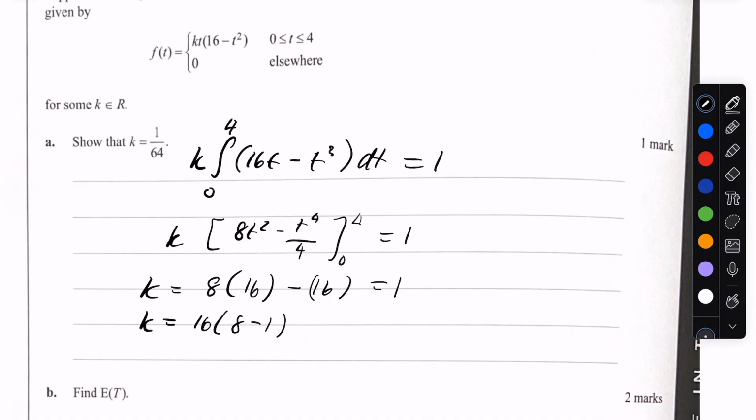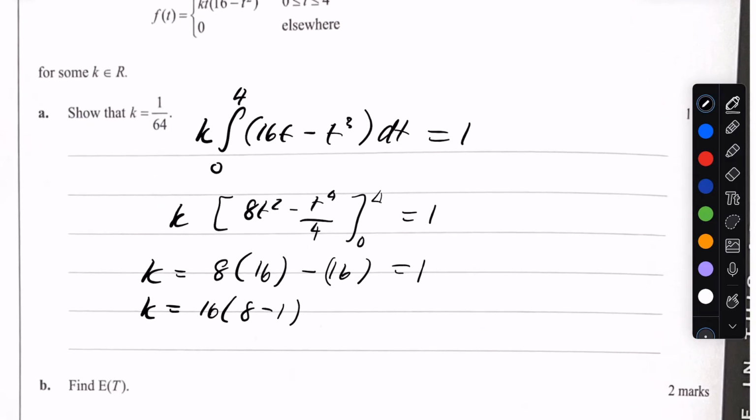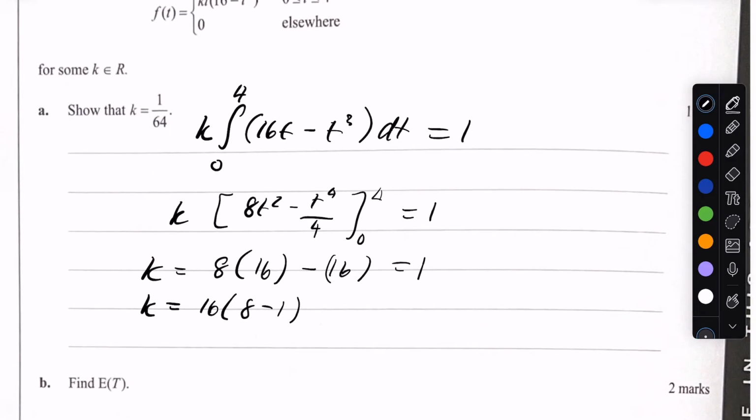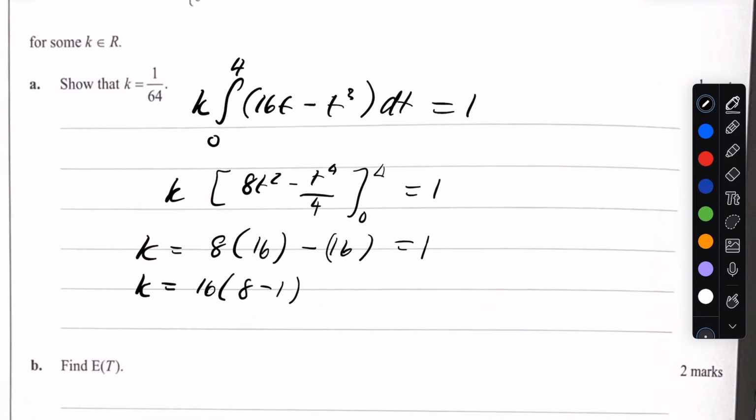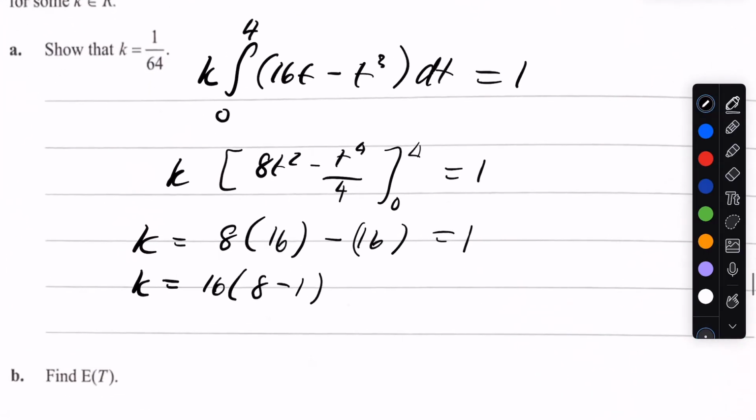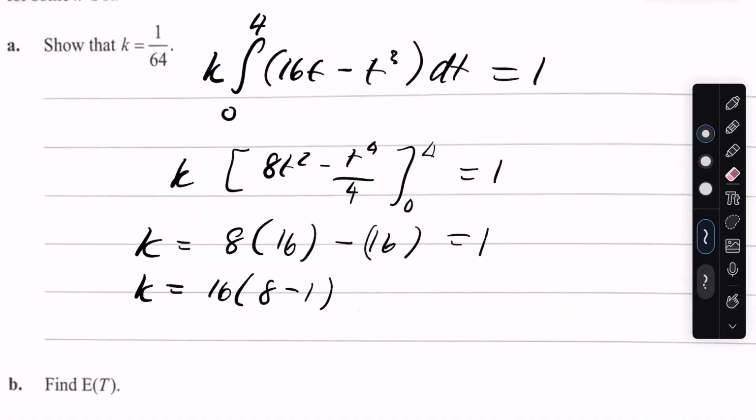So k times the integral from 0 to 4, 16t minus t cubed. I should get 4 here. To the 4 over 4. 4 to the power of 4 is not 64.